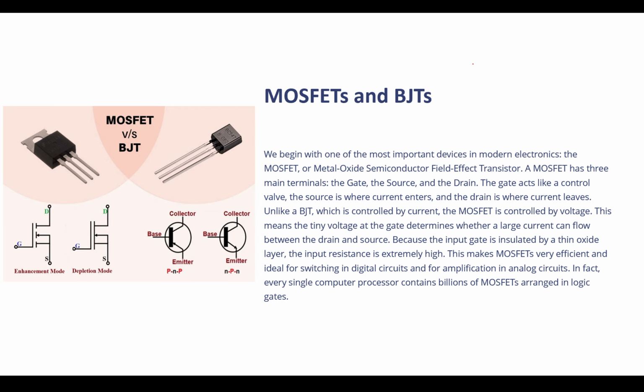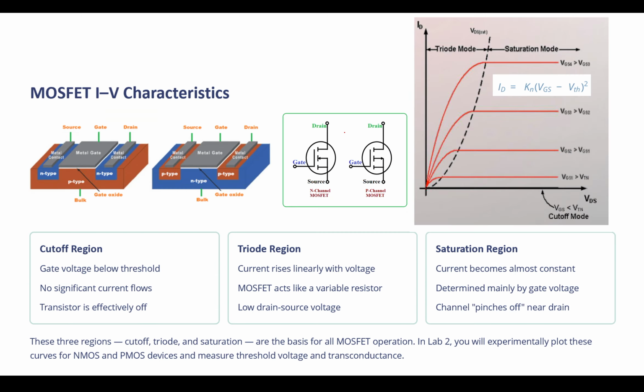Okay, now MOSFET and BJT. These are the ones that we are gonna talk about. Now, let's start with the MOSFET and basically the field effect transistor.